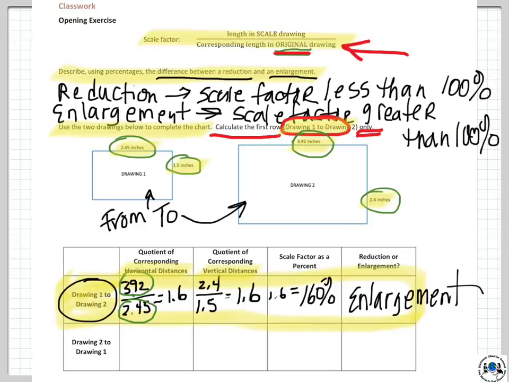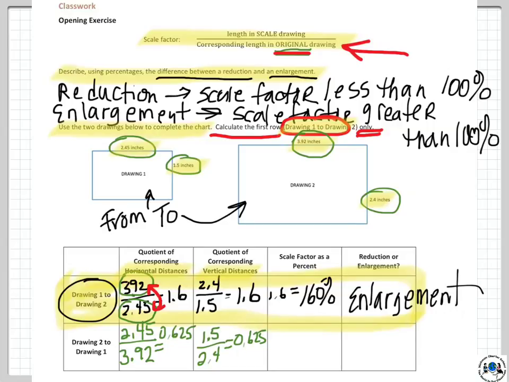So now we're going from drawing 2 to drawing 1, and you see where those numbers come from. What happens now is we've just flip-flopped. Pretty easy to see. So instead of 3.92 over 2.45, we flip these and get 2.45 over 3.92, which gives us a decimal value of 0.625, and the same for the corresponding vertical distances.